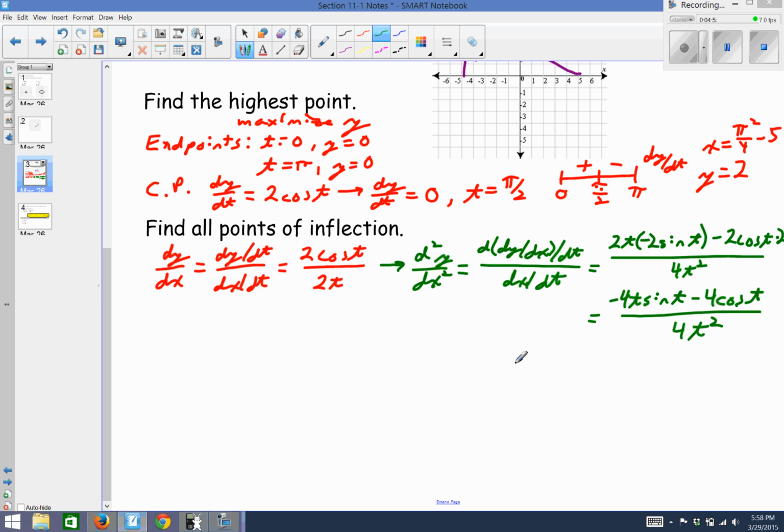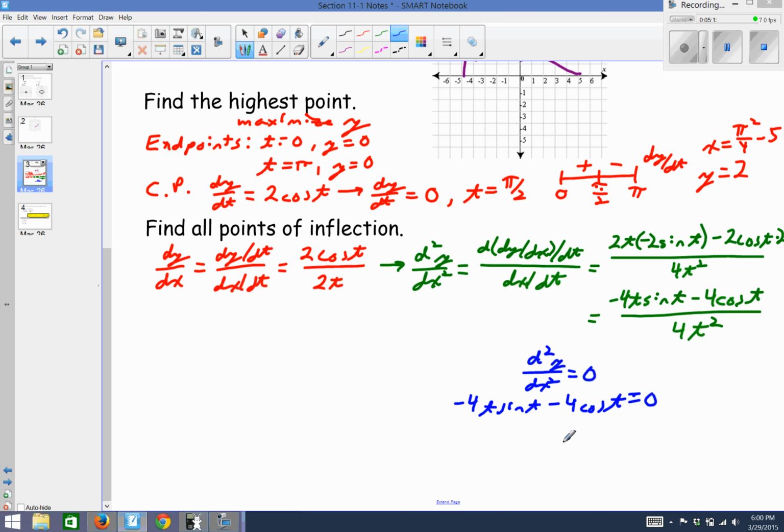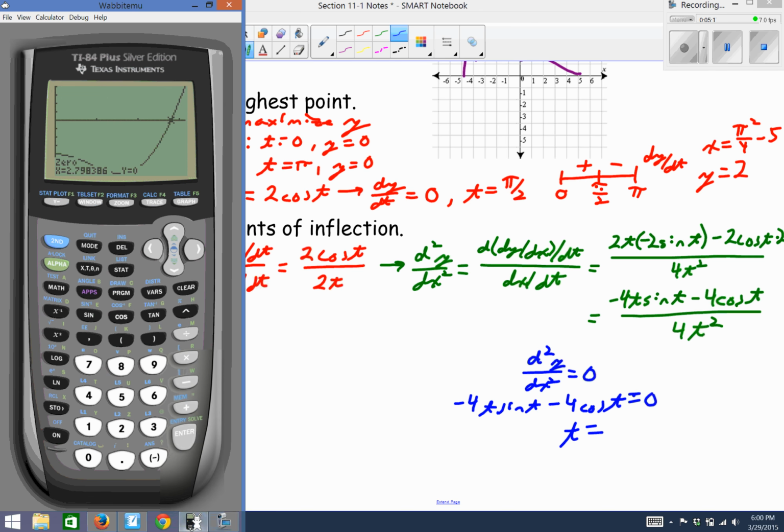To see where my second derivative equals 0, I need to see where negative 4t sine t minus 4 cosine t equals 0. I went ahead and solved this on my calculator, and I got that t is 2.798.